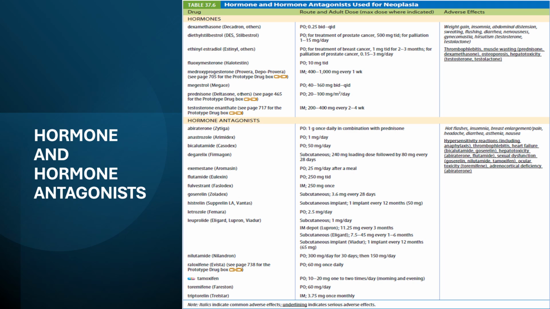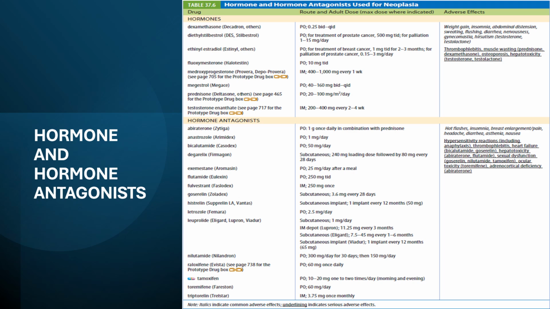Aromatase inhibitors can reduce plasma estrogen levels by as much as 95% and are used in postmenopausal women with advanced breast cancer whose disease has progressed beyond tamoxifen therapy.